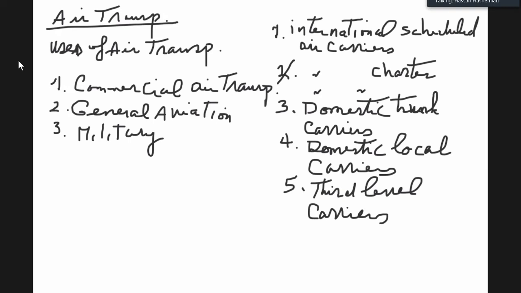Now, on general aviation, we have general aviation for businesses.